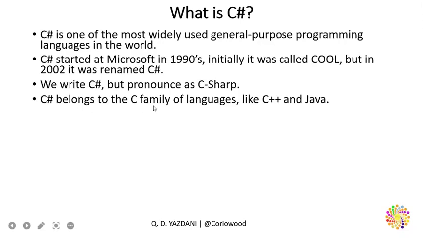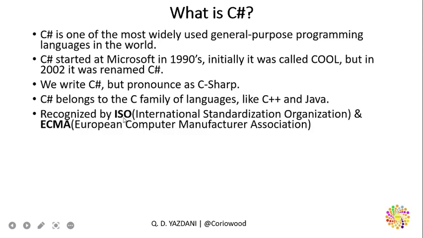Now that we know the C hash is pronounced C Sharp, C Sharp belongs to the C family of languages like C++ and Java. C Sharp has roots in the C family, and the language is close to other popular languages like C++ and Java. In fact, C Sharp is based on C++ and includes features similar to those of Java. It's a blend between C and C++. C Sharp is commonly used for back-end services, Windows applications, website development, and game development.